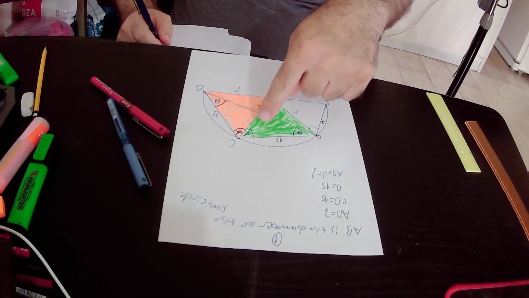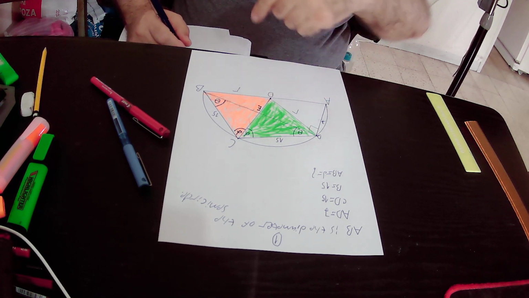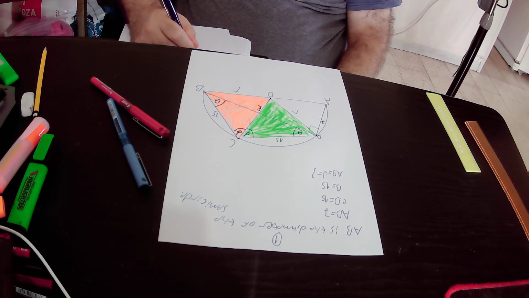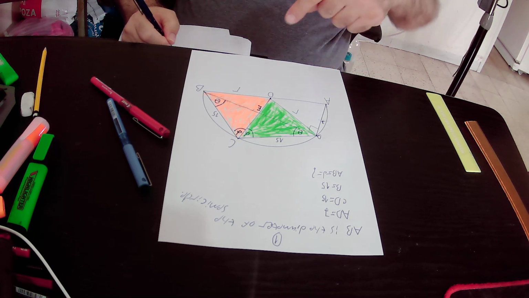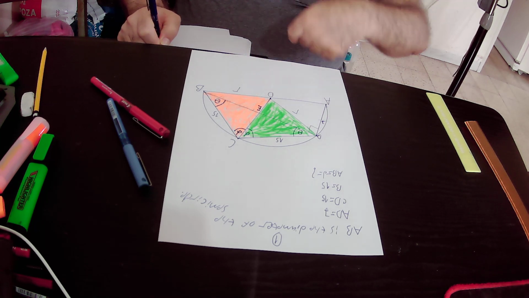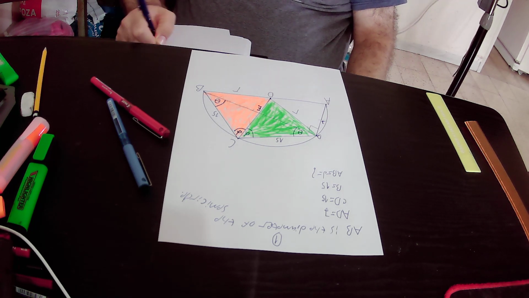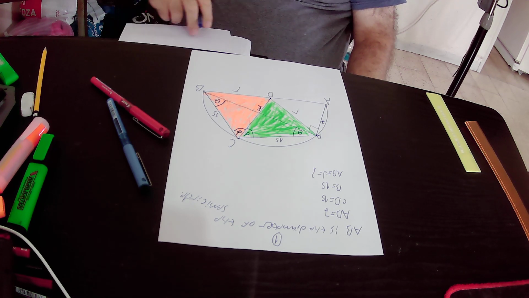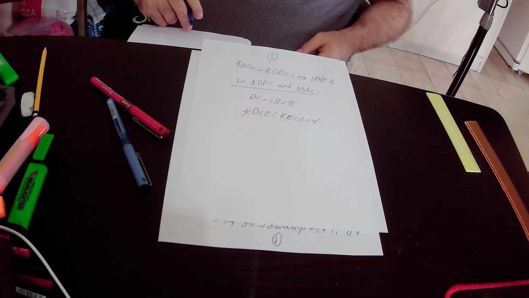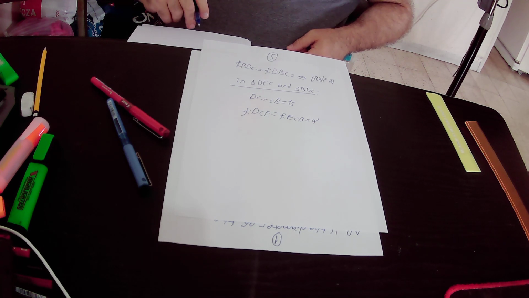angle DCE that equals alpha in the green triangle is equal to angle ECB that also equals alpha. Again, angle DCE in the green triangle is equal to angle ECB in the orange triangle. Both those two angles are equal to alpha.